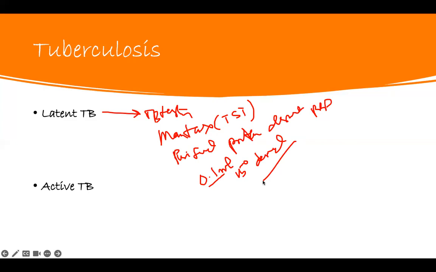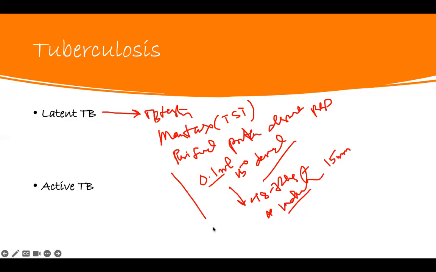Then you come in, and you go back 48 to 72 hours for it to be read. It becomes positive if there's induration. So be careful, they can trick you and put erythema. Induration means it's positive.